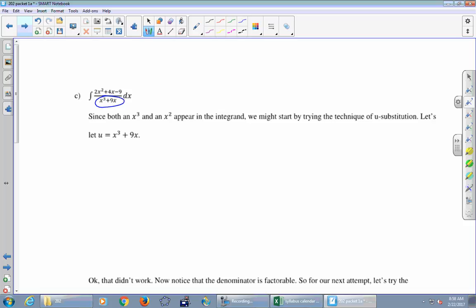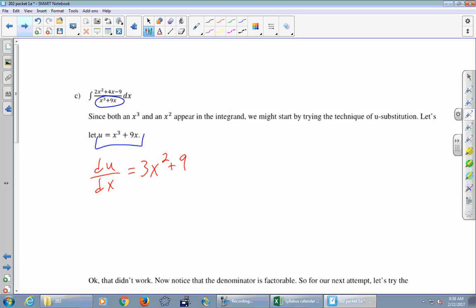This 3x squared, which, hey, there's an x squared sitting on the top. So this u substitution is promising. So it is a good idea to try letting u equal the bottom because, hey, maybe the derivative is basically sitting on the top. So what is the derivative of that denominator? 3x squared plus 9.